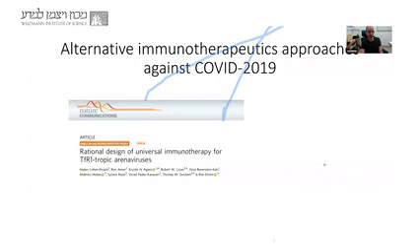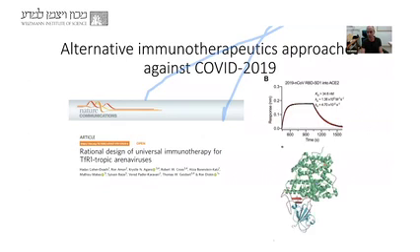Before I end, I just want to mention that there are other approaches, and I want to mention our own research in this respect. Potentially we can also produce something called an immunoadhesin. An immunoadhesin is a molecule that on one hand has a domain that will allow it to bind the target. In our case, we're talking about the cellular receptor of the virus, the ACE2 protein.